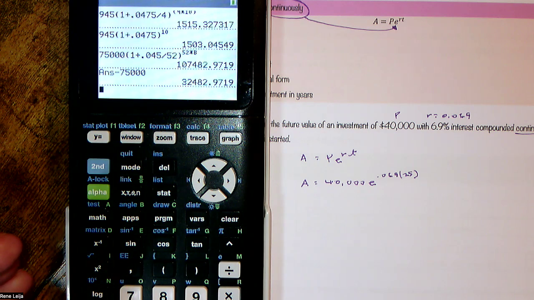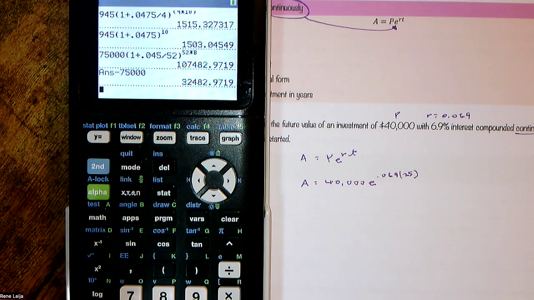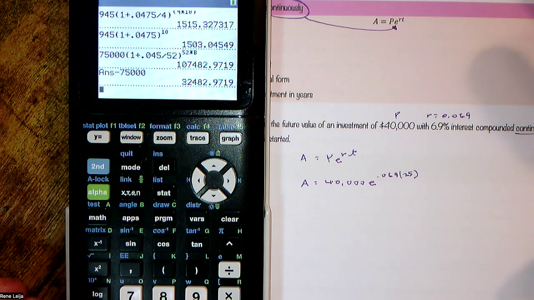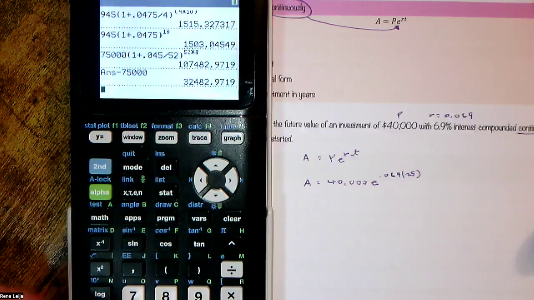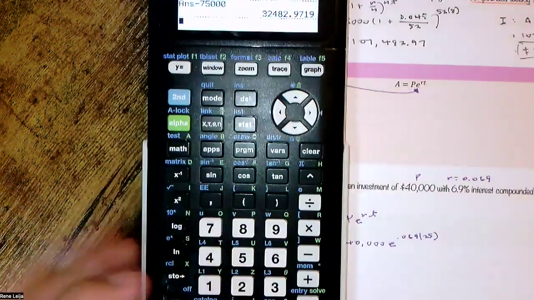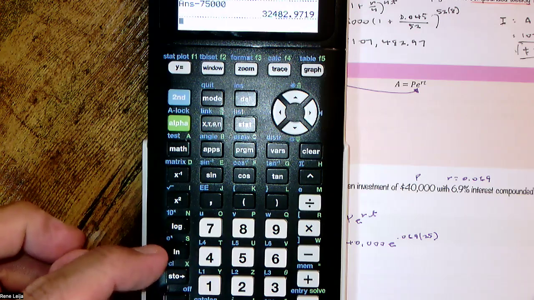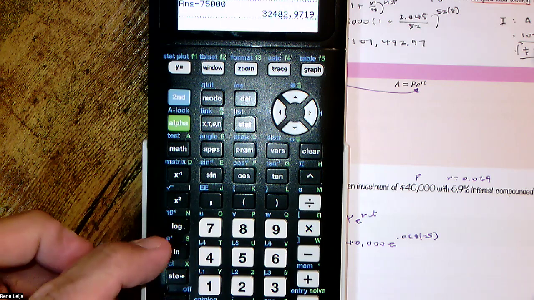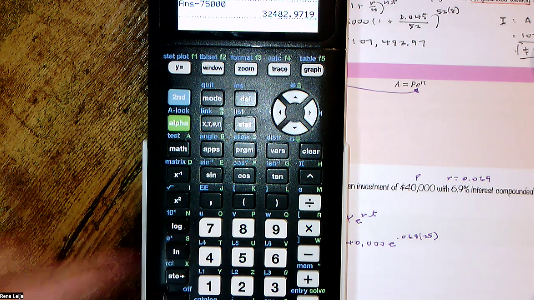No, we say pi is approximately 3.14. With E, E is approximately, I think, 2.71, but here's your E button. Notice it's with the LN button, right underneath the log. The LN button, this is how you're going to get it.